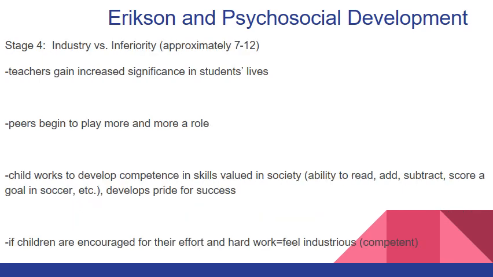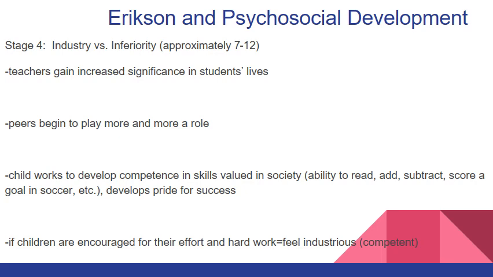Stage 4, industry versus inferiority, is when children are approximately ages 7 through 12. During this time period, teachers play an even more important role and significance in children's lives. Peers also start to become a very important influence in children's lives. The child works to develop competence in skills that the child thinks that society values.